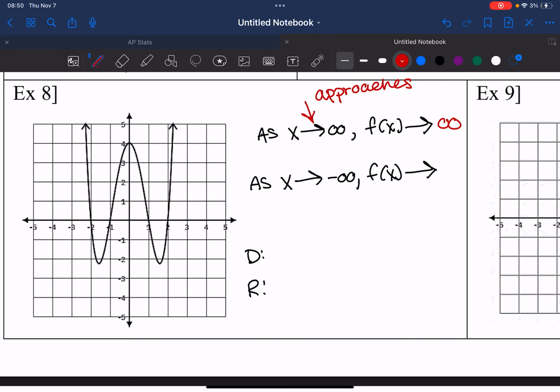So we say that this is also going to positive infinity. Our domain, looking at the x's, is going in either direction, so we say this is all real numbers. But our range, notice how it stops right here a little below negative 2. So I would say that the range is negative 2.2 to positive infinity.